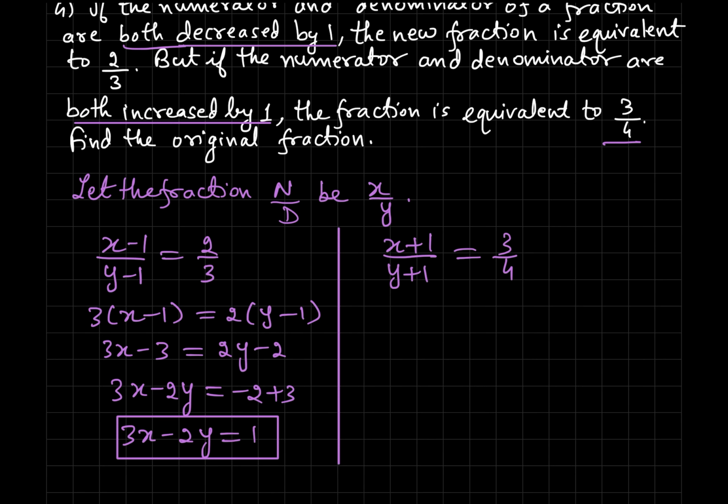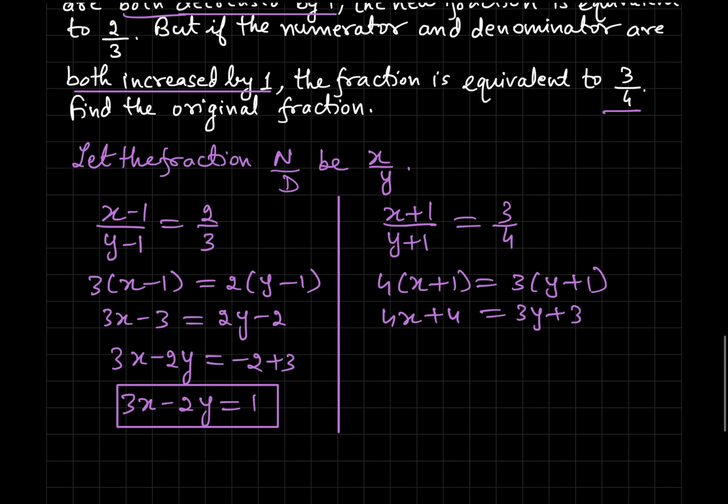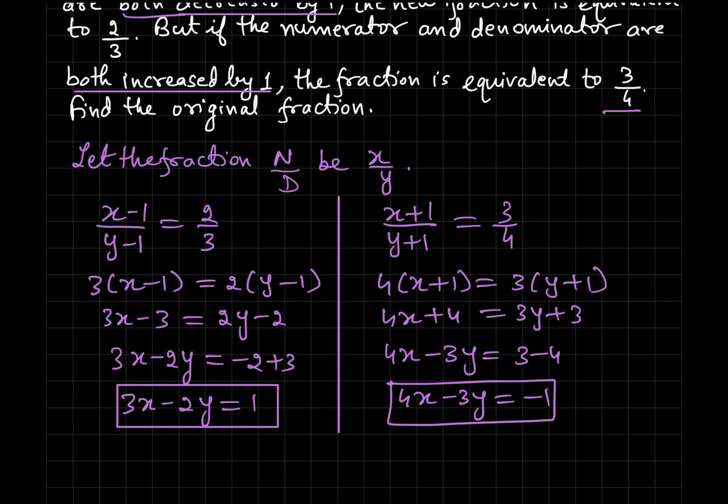So again doing the same thing, cross multiply. 4 times x plus 1 equals 3 times y plus 1. So 4x plus 4 equals 3y plus 3. Rearranging the things, 4x minus 3y is 3 minus 4, or I can say 4x minus 3y is negative 1. So this is our second equation.